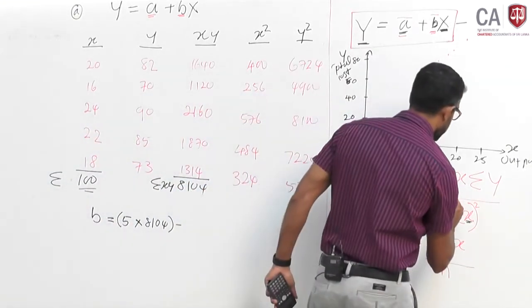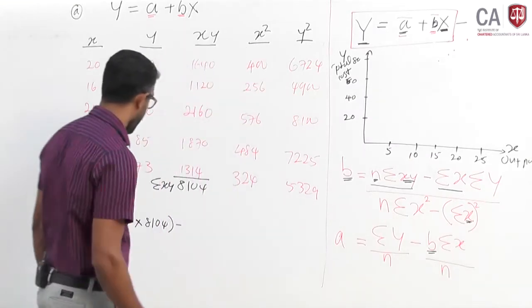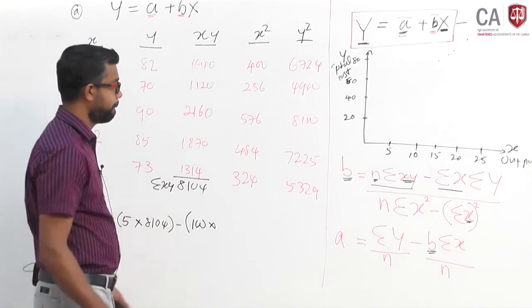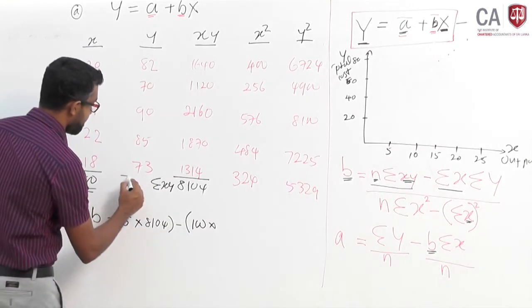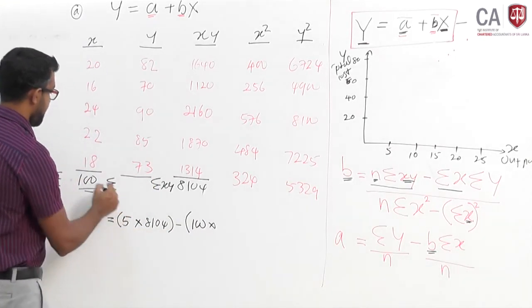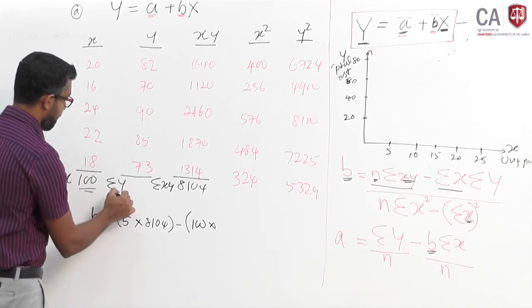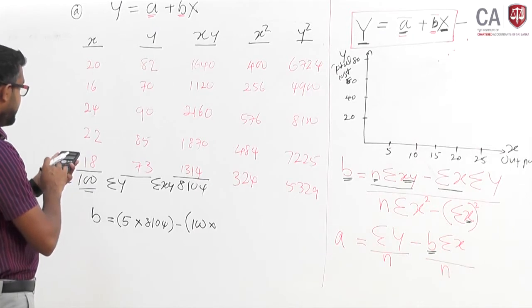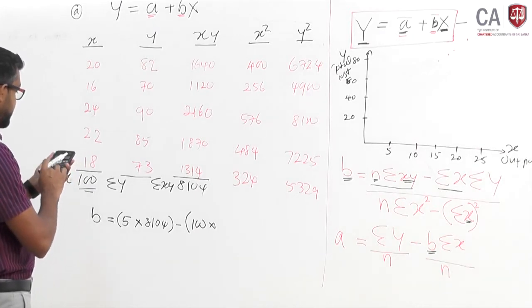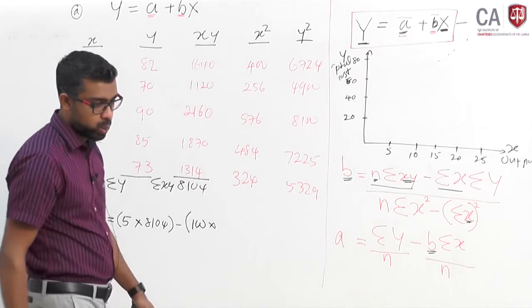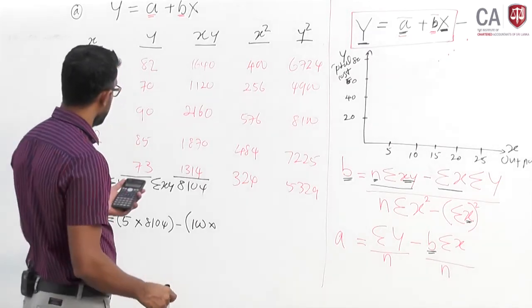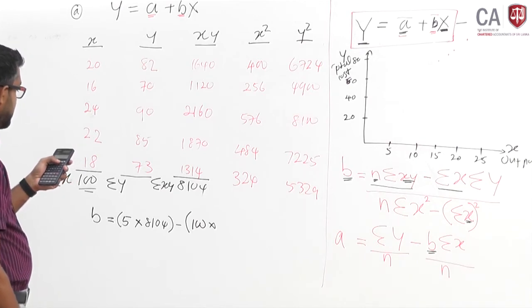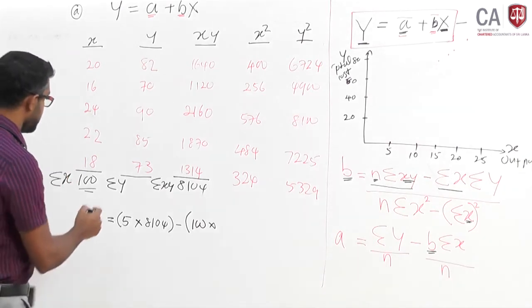This part: sum of x, 100, into sum of y. 82 plus 70 plus 90 plus 85 plus 73 is 400. Be careful when you do these calculations.